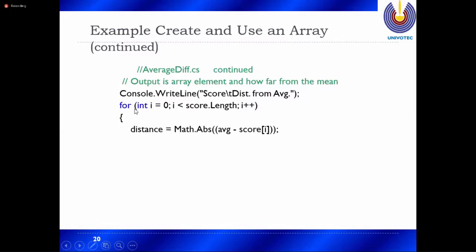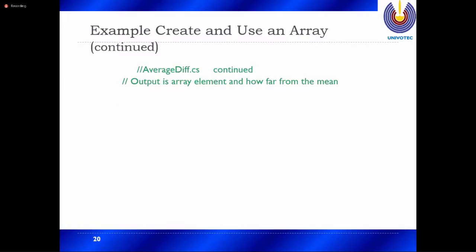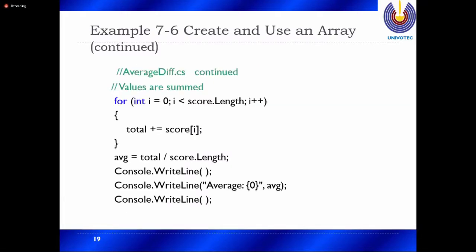This also uses a for loop, here also we use i less than score.length. If you change the size of the array, it automatically affects here also. Previously we also changed the for loop to score.length. Everywhere we use score.length.